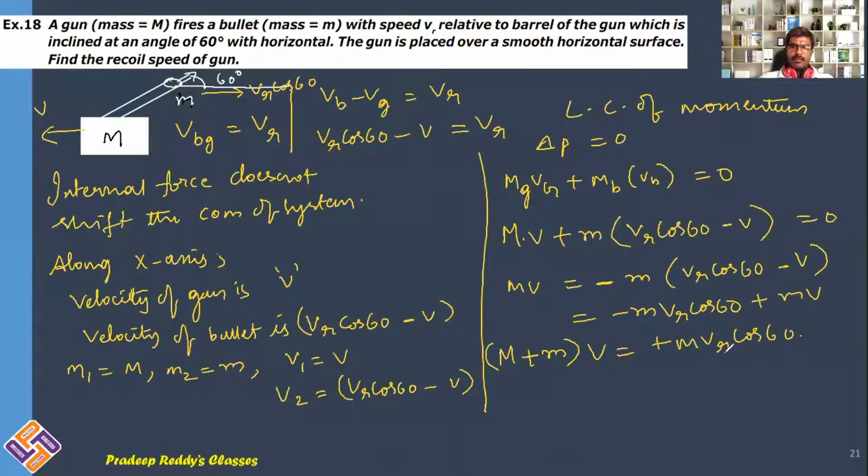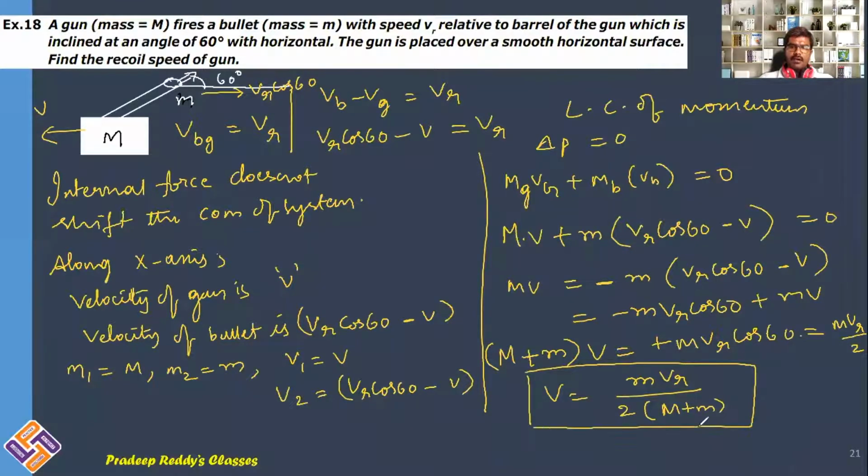Cos 60 is equal to 1 by 2. This is equal to m Vr divided by 2. Therefore V will be equal to small m into Vr divided by 2 into capital M plus small m. This is the final velocity of the gun.